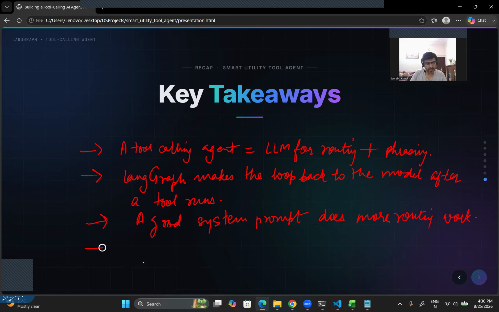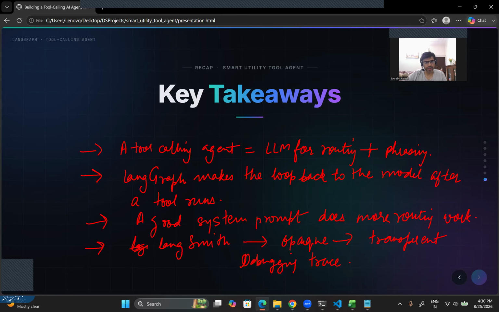And LangSmith turns an opaque box into a transparent, step by step debugging trace. Okay, debugging trace. So this is what we learned today.